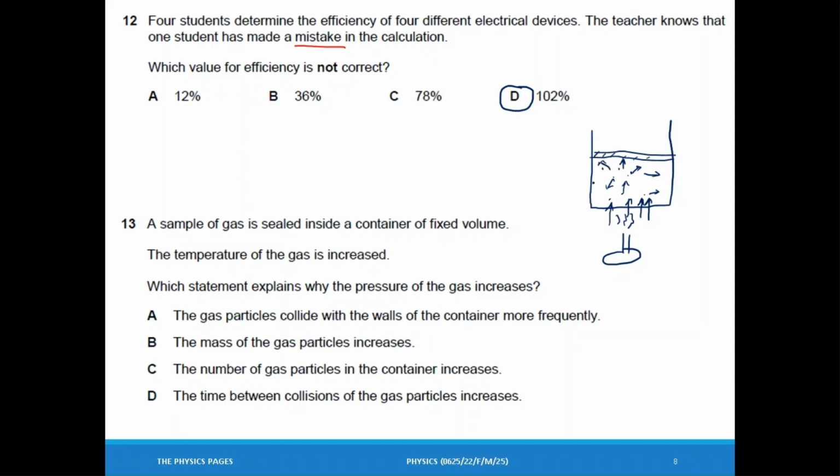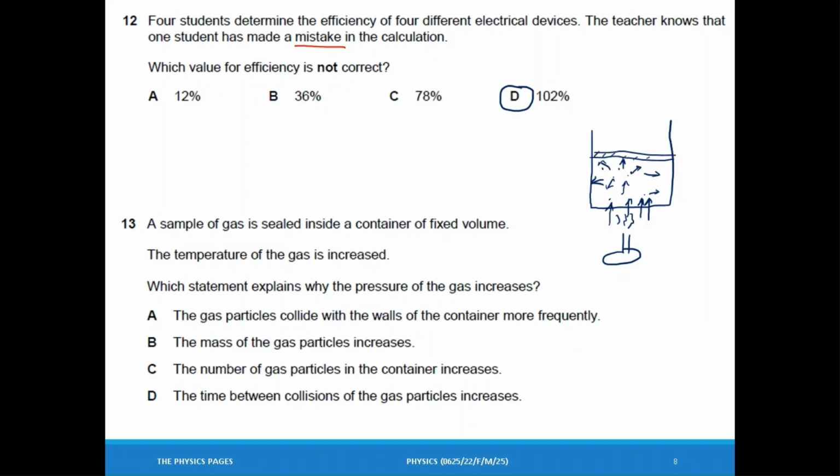So as they move fast, they hit each other, due to which momentum changes, and they also collide with the walls of the container and the piston. So when these molecules collide with each other and the walls of the vessel, the pressure is increased.